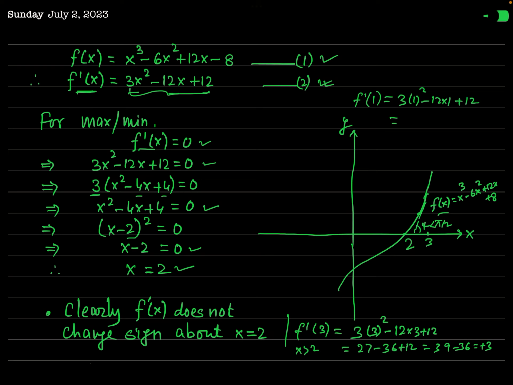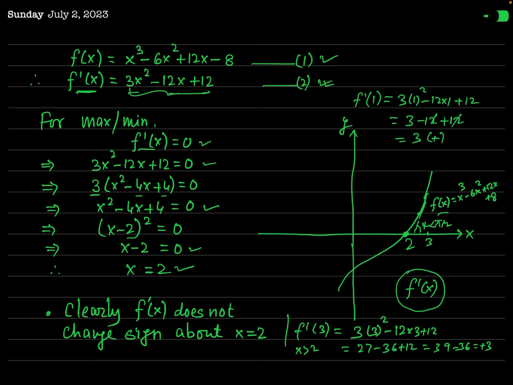What will be this? This is 3 minus 12 plus 12, and you can see this is also 3, and so this is positive. So what you are seeing here, when we pass through this point x equal to 2, the sign of f dash of x does not change.